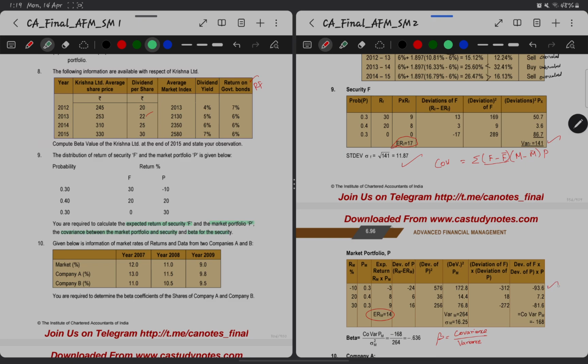So as we can see here, 93.6 is nothing but 13 multiplied by 24 multiplied by 0.3. So 13 and then 24 is negative, so the resultant will be in negative. So we are getting a covariance of 168.